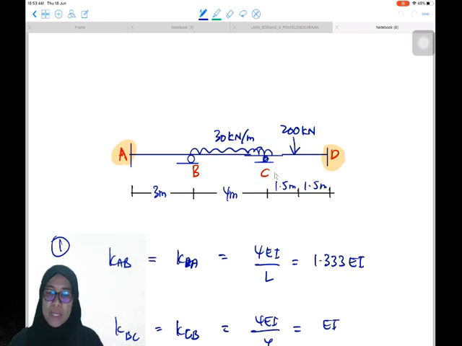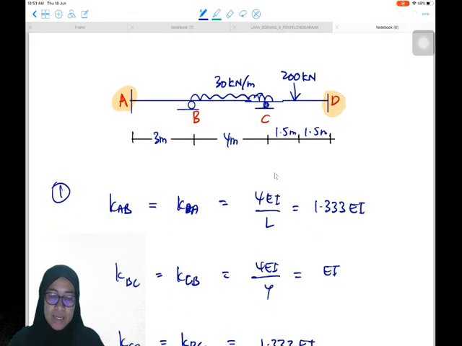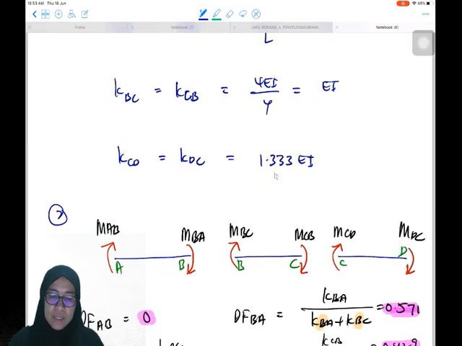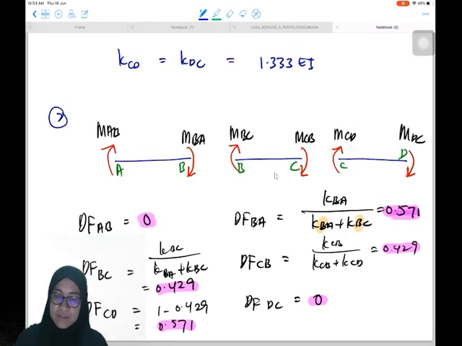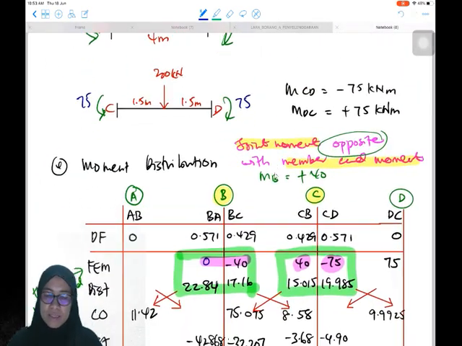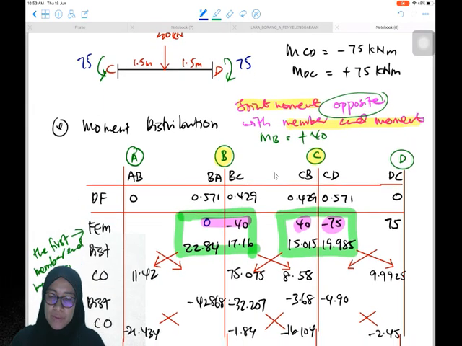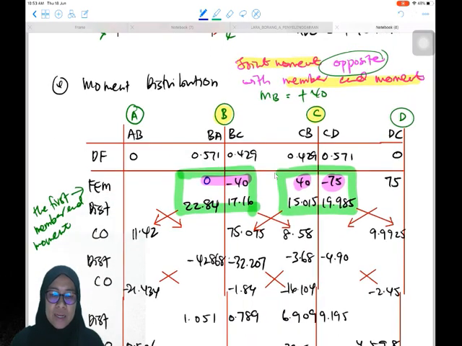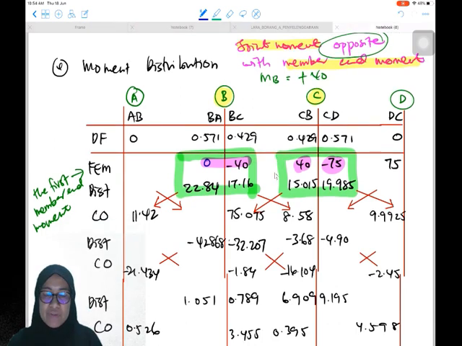I explained how we calculate the stiffness factor, the distribution factor, and then the fixed end moment, followed by the moment distribution. The detailed process on how to distribute the moment has been discussed in my second part of this video.